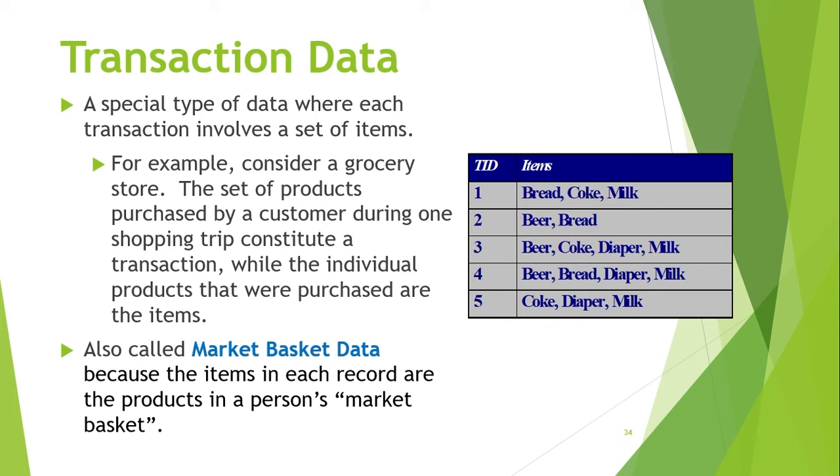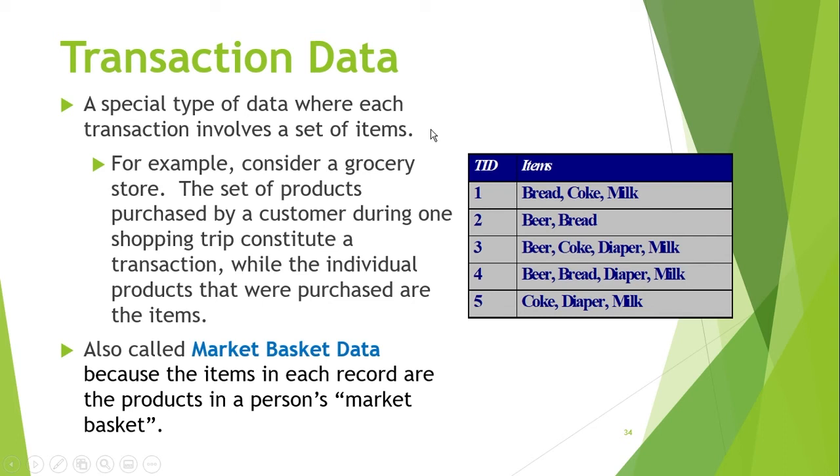Let's discuss the transaction data. A special type of data where each transaction involves a set of items. For example, consider a grocery store. The set of products purchased by a customer during one shopping trip constitute a transaction, while the individual products that were purchased are the items.